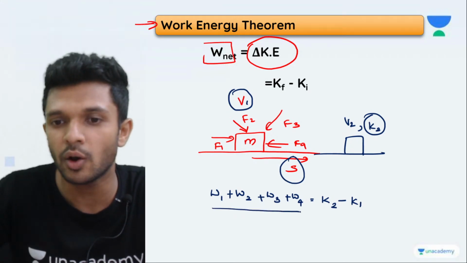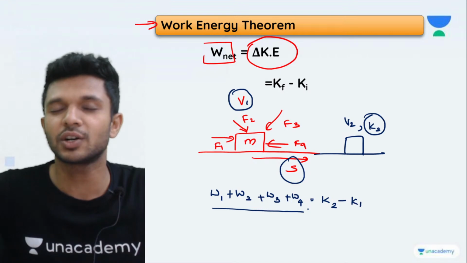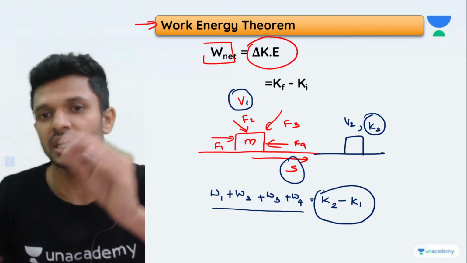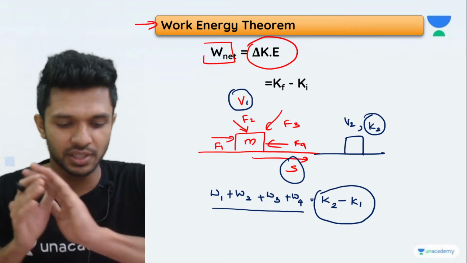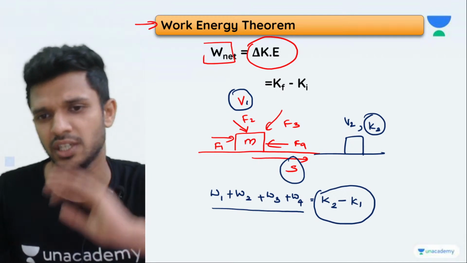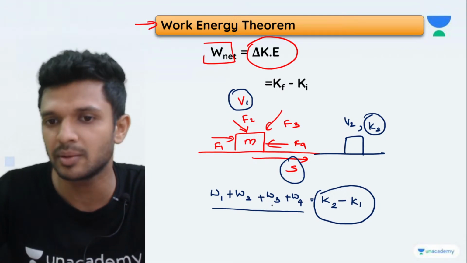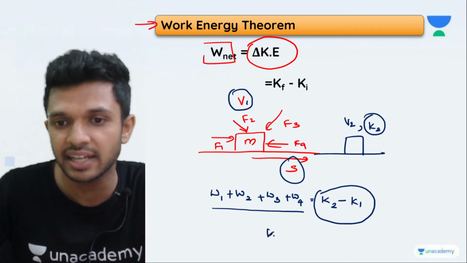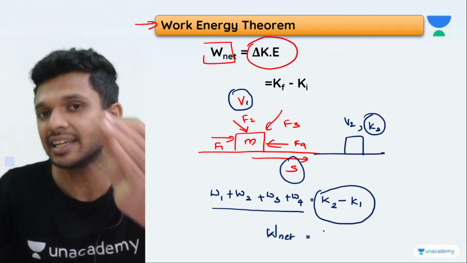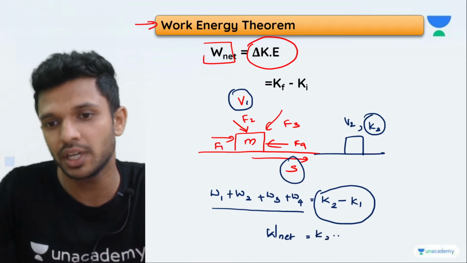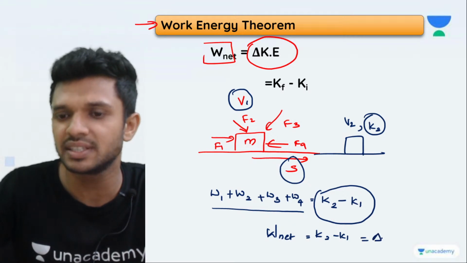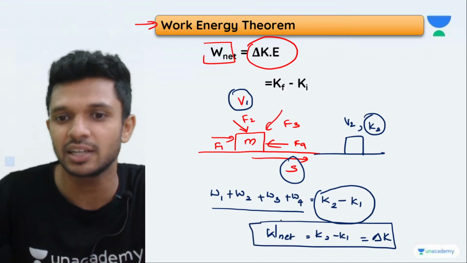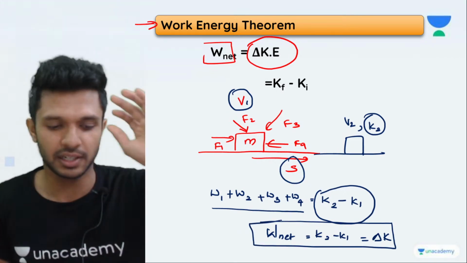So work done by all the forces acting on the body is equal to the change in kinetic energy that has happened to the body. This is the simple work energy theorem, right? So W1 plus W2 plus W3 plus W4, if there are n number of forces till Wn, is what is actually written as work done by the net force, right? That is equal to K2 minus K1, which you will see as delta K. This is the equation for the work energy theorem, right?